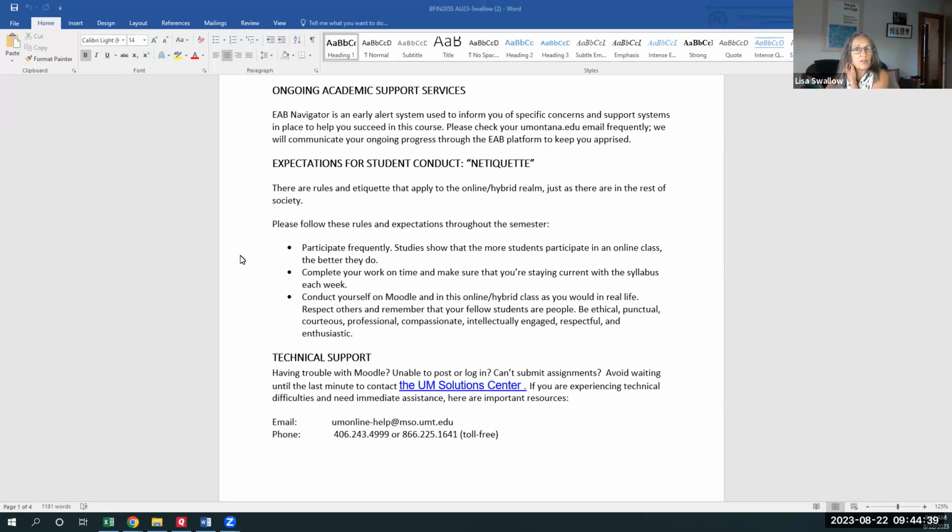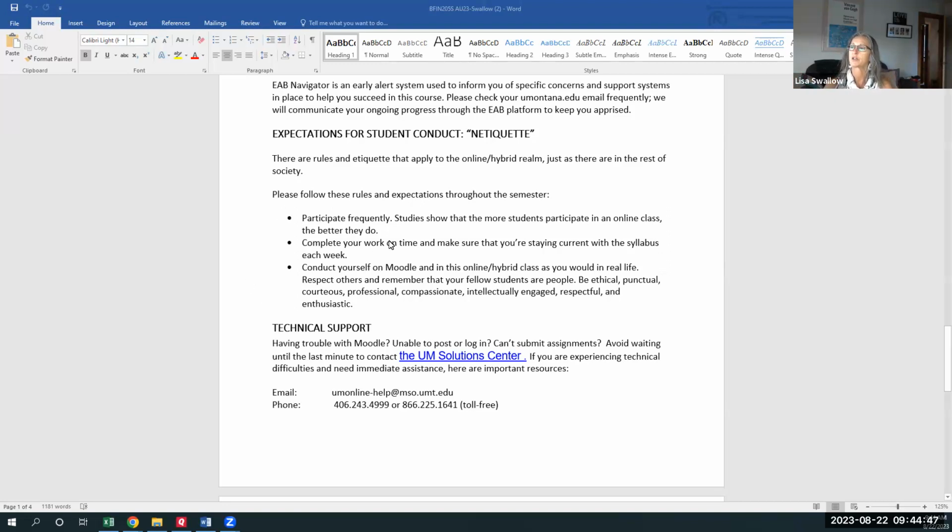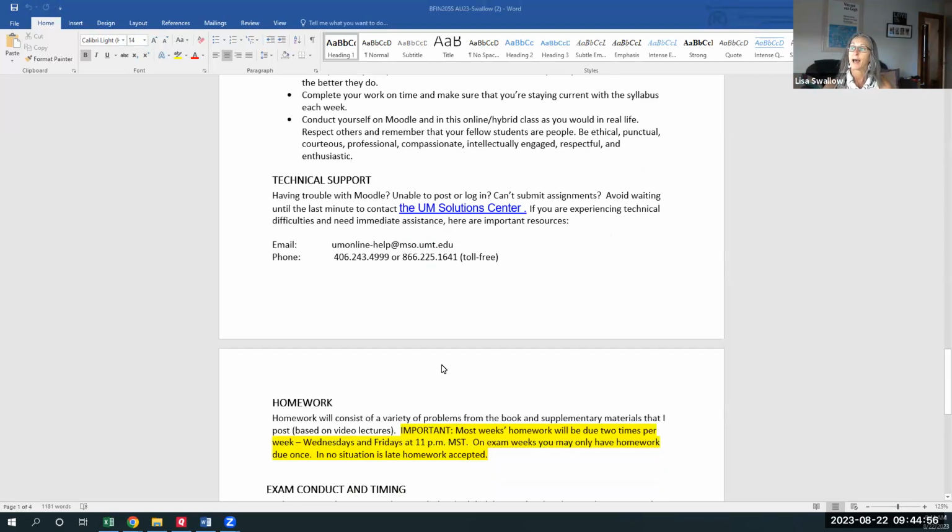So just be aware that you may be getting things to your email that have been generated by a professor or an advisor that are concerned. Obviously, when you're engaging online, there's a series of expectations that you conduct yourself professionally. If you have any problems with Moodle or need any support, here's all the information on that.